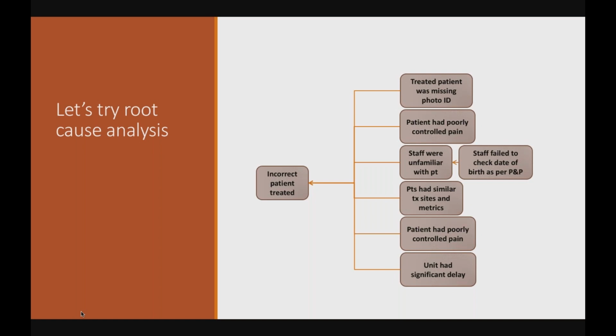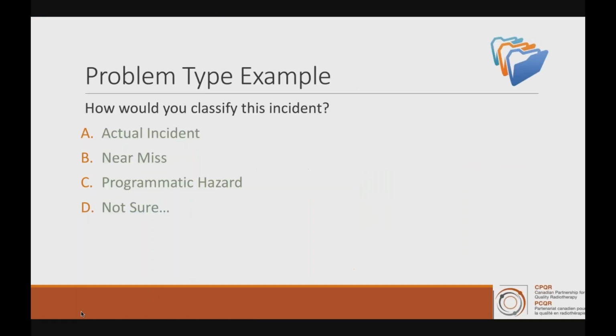So we have an incorrect patient treated. Could have been patient photo ID missing, patient was in a lot of pain, staff were unfamiliar with the patient, didn't do the birthday check. There were similarities between the patients, had confusion, unit was significantly delayed, and so on and so forth.